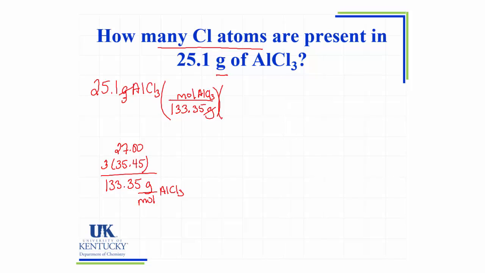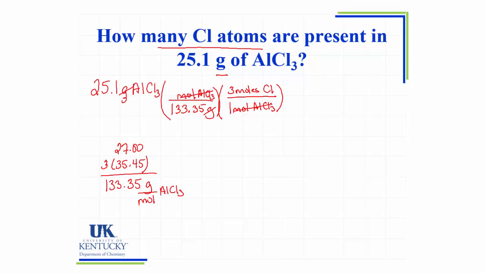So now I can say that for every 1 mole of aluminum chloride, I will get 3 moles of chlorine. Remember, I'm just breaking that aluminum chloride apart into its pieces, and I get 3 chlorines for every 1 aluminum chloride. Now, moles of aluminum chloride cancel out, and I'm left with moles of chlorine.